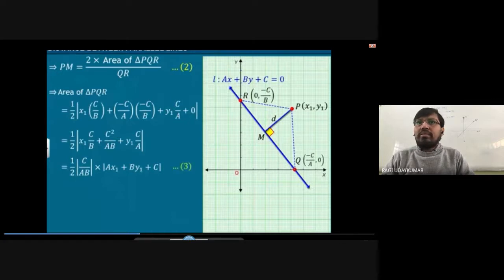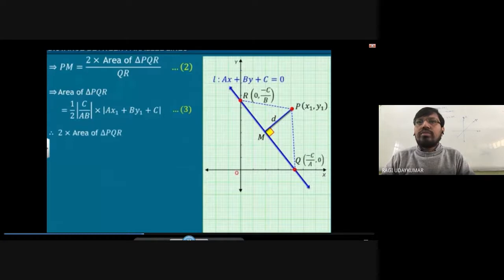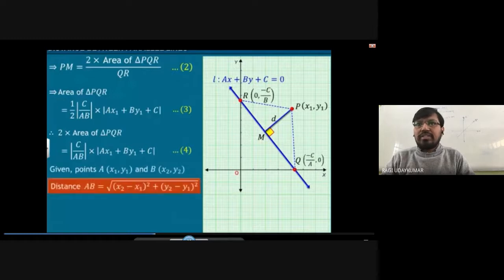This should be multiplied by 2 and divided by QR to get the distance. So 2 into the area of the triangle PQR is the modulus of c/(ab) into (ax1 + by1 + c). Let us consider this as equation number 4.